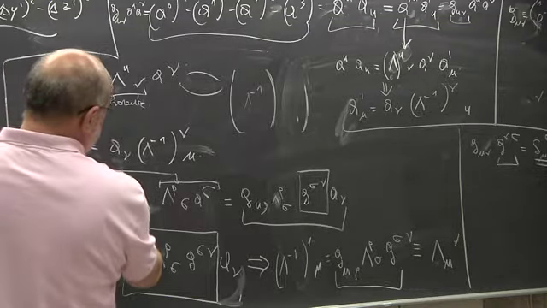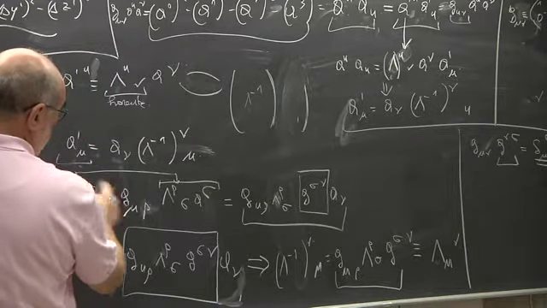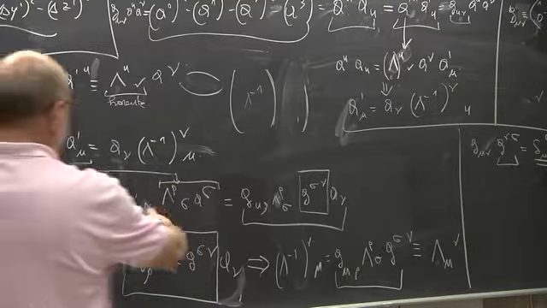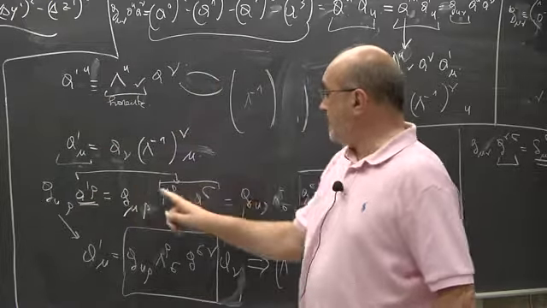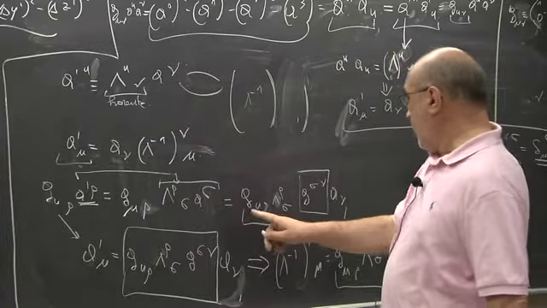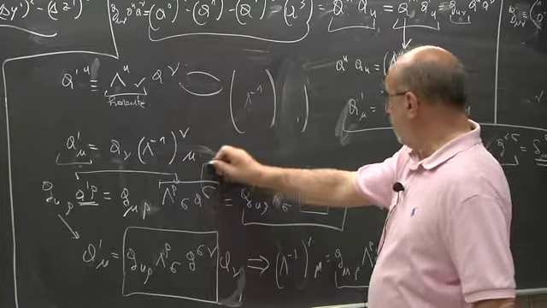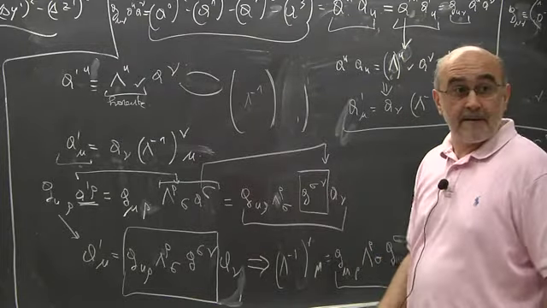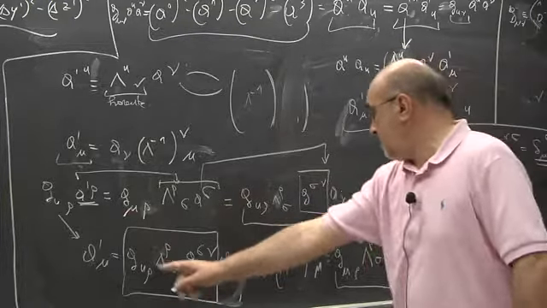Then I use this, and this one is transformed like the Lorentz, because this I know how it is transformed. It is a prime, the index is up, and I know it is a contravariant vector, so it is transformed in this manner, okay? And then you have g rho. Now, this object I write in this manner, and so on. You understand? And then from here, you get this relation.